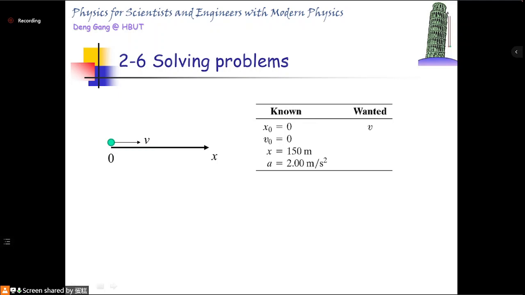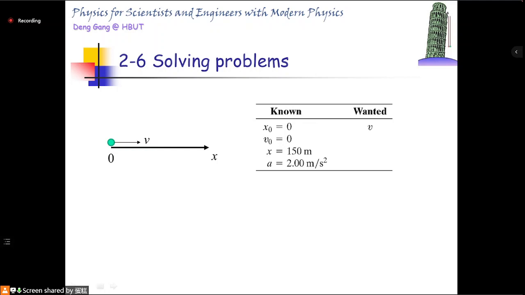It starts here, accelerates, and finally reaches here, and we want to calculate v and see if v is greater than the required speed. If it is greater than the required speed, it can take off. Otherwise, it cannot. So we know all these quantities, and we are going to find this one.